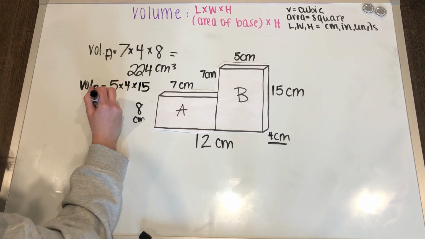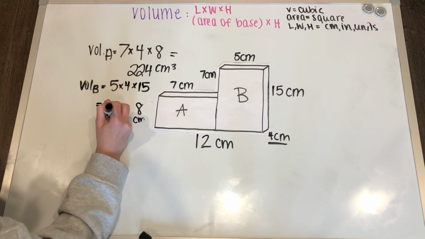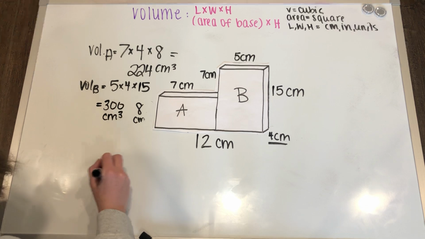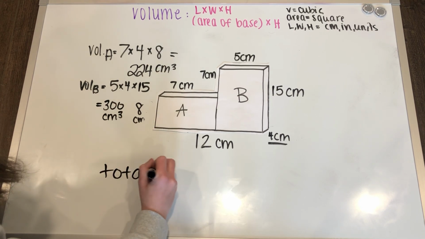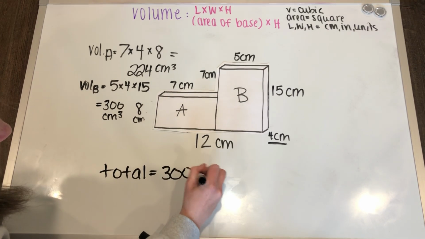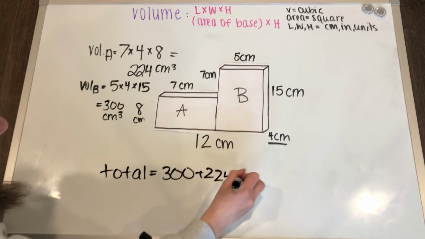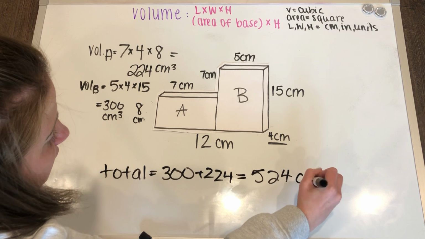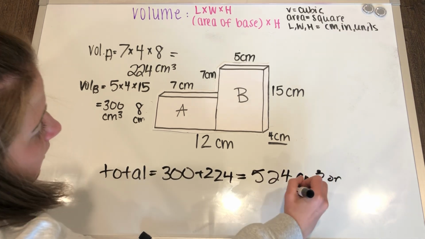So that's 300 cubic centimeters. So now for the total we add 300 plus 224, and we get 524 cubic centimeters, or centimeters cubed.